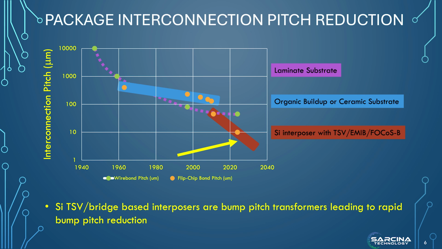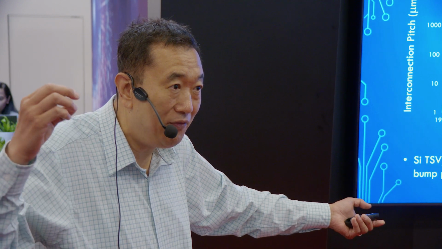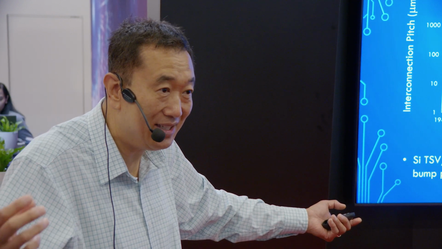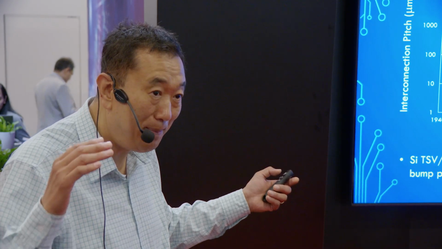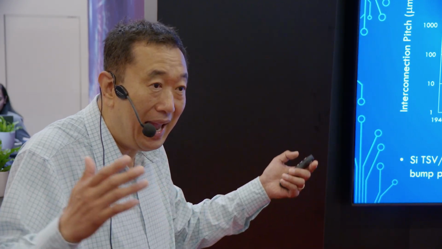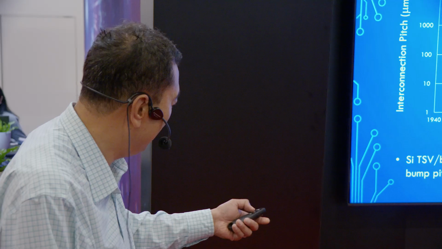Then, starting from that time, there's a rapid drop in the bump pitch, through silicon TSV interposers and also silicon bridges. So this is the start of the time when the fab guys, the silicon guys, started to get into the packaging industry, for the benefit of their product and the wafer foundry business.